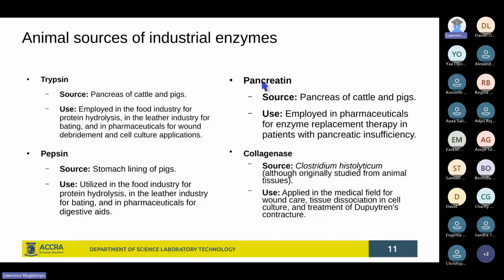But these days, because of scientific advancement, you can synthesize these things.